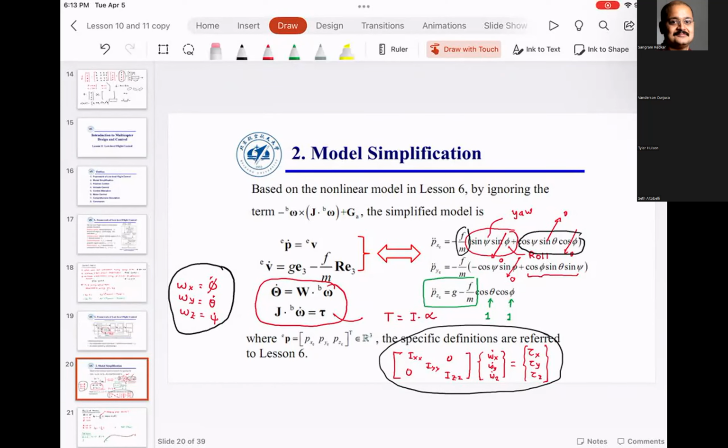But one thing you want to maintain, please understand, is that you have that yaw coupling appearing in the equation for Px and Py. So you want to make sure that your yaw coupling is 0. In other words, your yaw value, the Mambo, should not be turning.